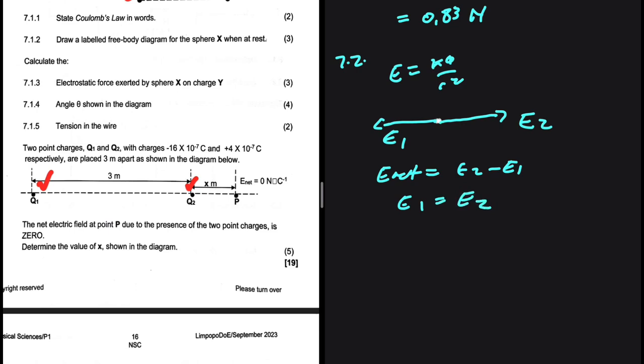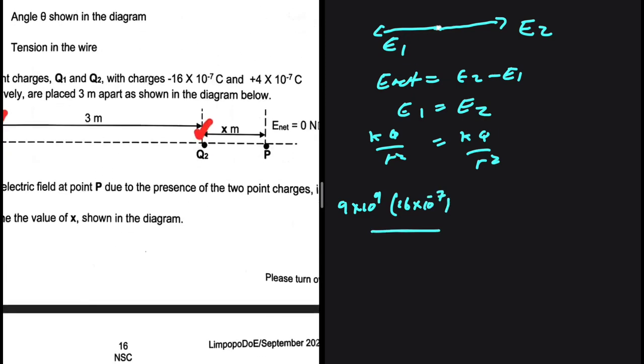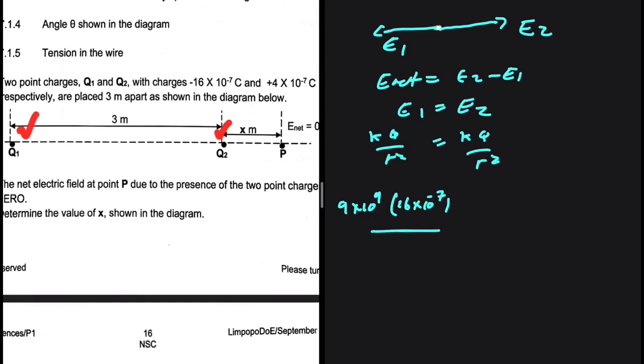Now we can go ahead and write our formulas. KQ divided by R squared is equal to KQ divided by R squared. What is K? 9 times 10 to the power 9. And then the charge of Q1, 16 times 10 to the minus 7 divided by R squared. So how far is Q1 from P?